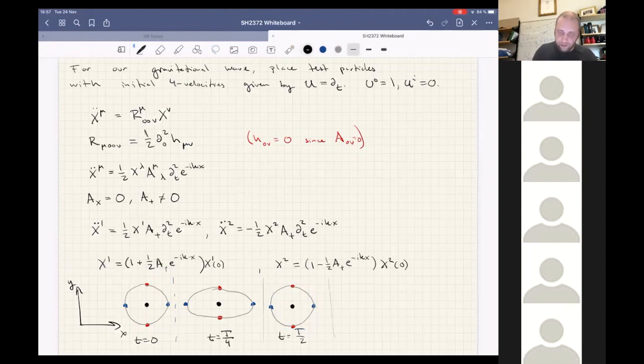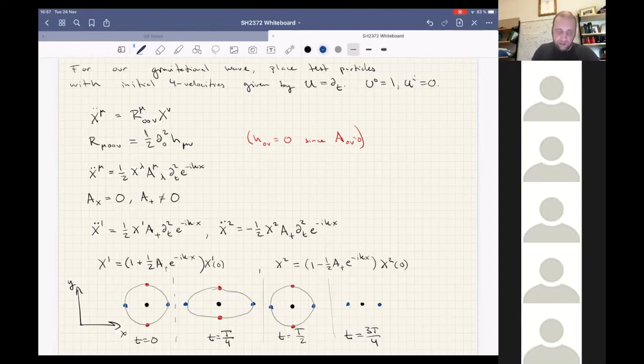And finally, let's look at when the time is 3 periods over 4. Then instead we have come to have the x direction in the phase such that the displacement in the x direction is minimal. So we would have the point, and we would have the x displacements now minimal.